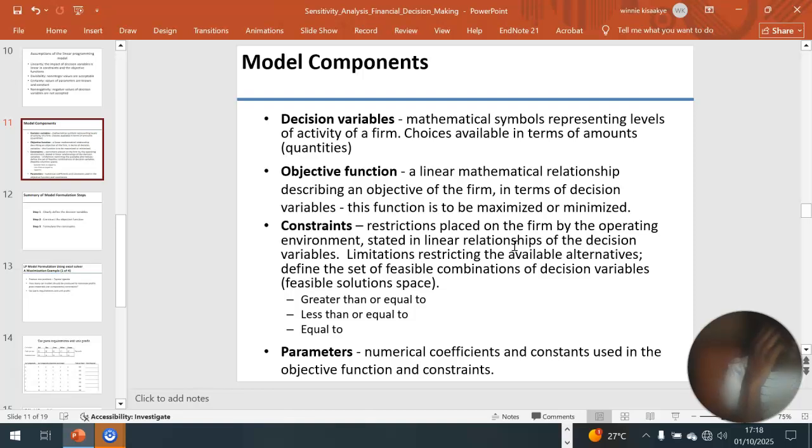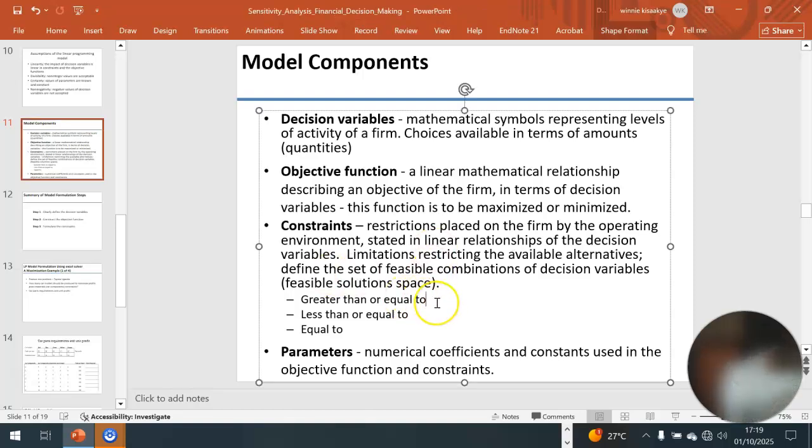They set a limitation to restrict the available alternatives, because if you have many alternative solutions and many of them do not fit within your available resources, then you have to select one that fits within your budget. So we normally set constraints by using algebraic functions, as in greater than or equal to, less than or equal to, equal, integer, as we shall see in our practical bit of it.